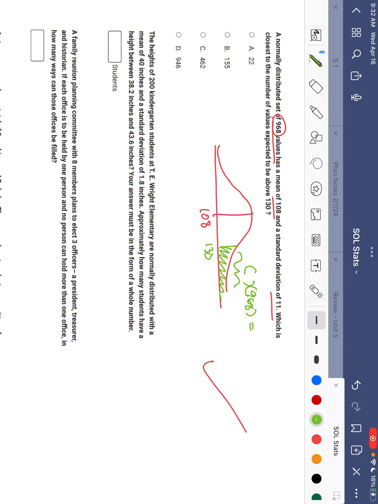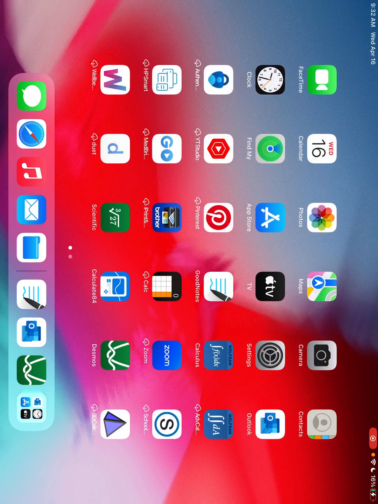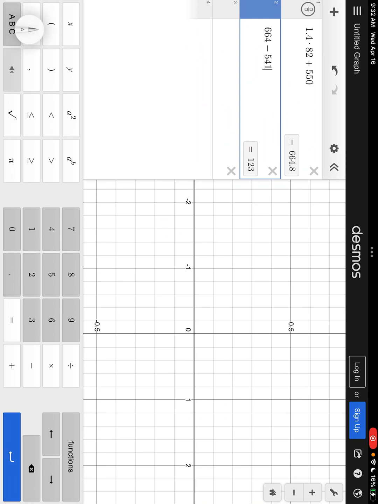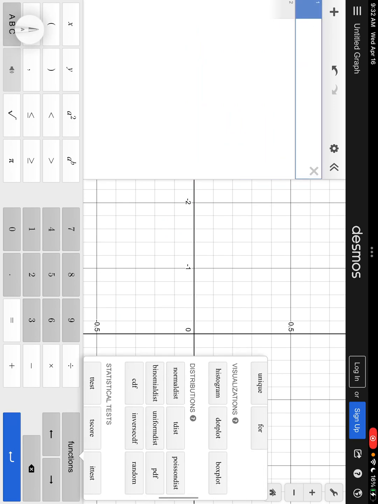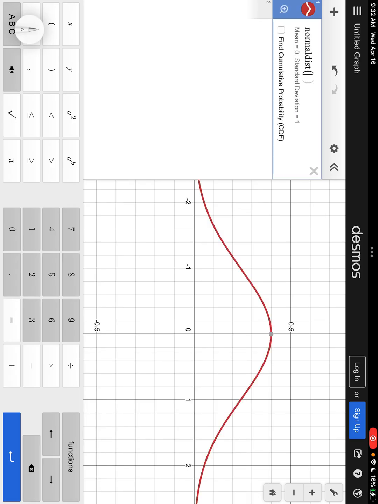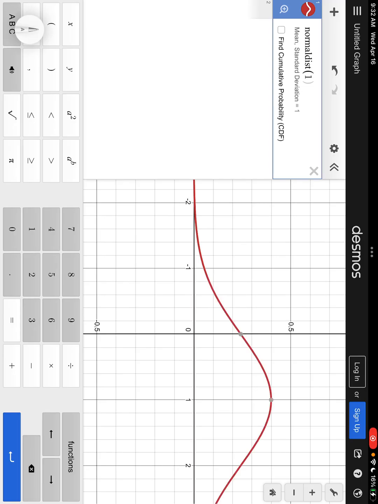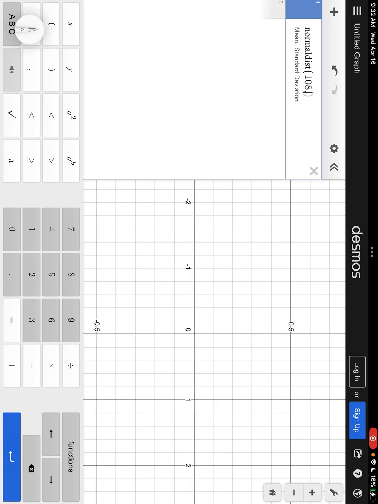All right, so we need 108 and 11 for now. So remember, I go to functions, go down to distributions, and I need, there was that picture right there. Did you see it? So there is a way to get that little hump to show there. 108 and 11.